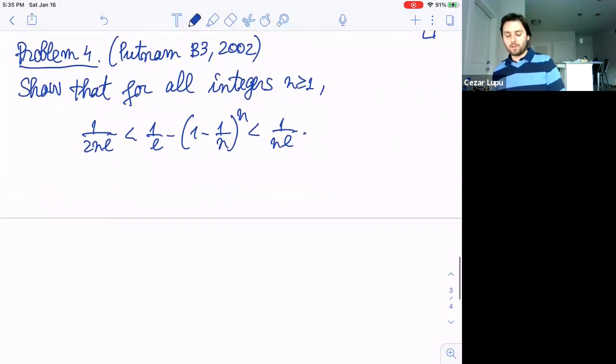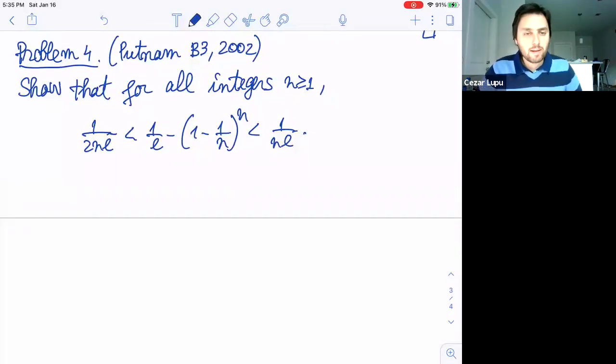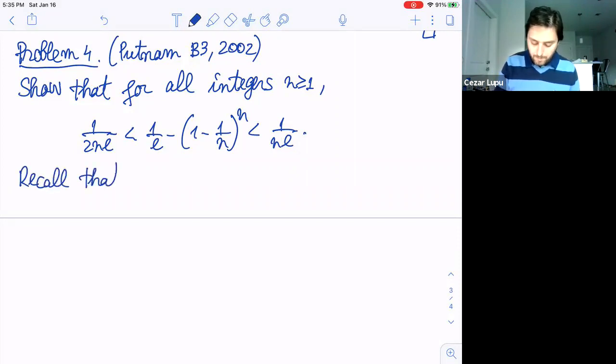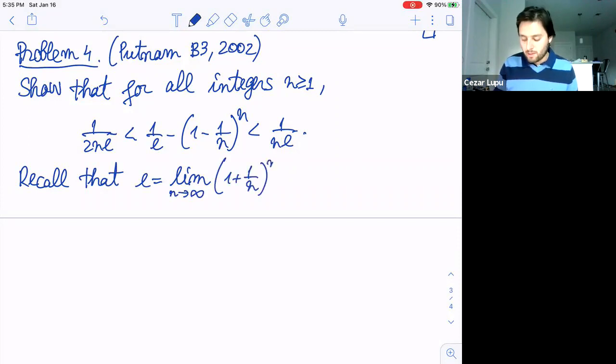All right, so this is the inequality. Keep in mind that this number e, let me recall, is defined by this limit: the limit as n approaches infinity of 1 plus 1/n, everything to the power n.